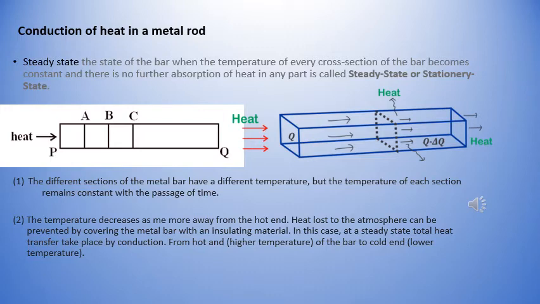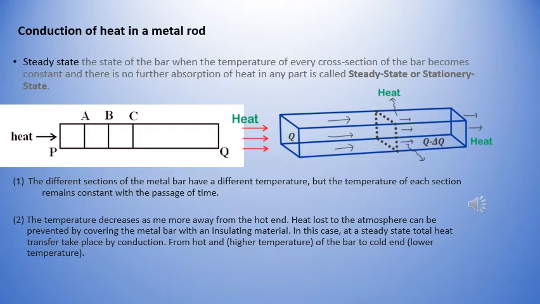Now let us consider some terms related to conduction. For this, we'll consider a solid metal bar and one end of the bar is heated. So this end is at a higher temperature as compared to the other end which is at a lower temperature.